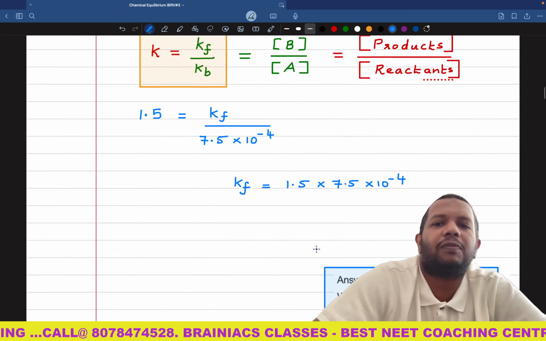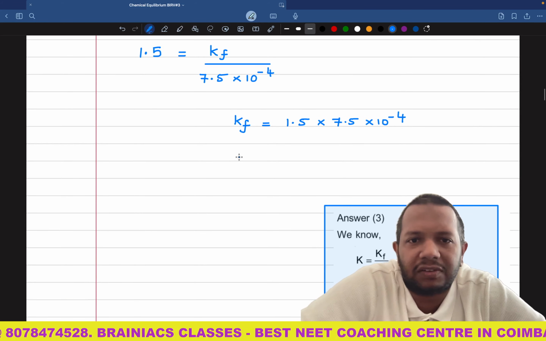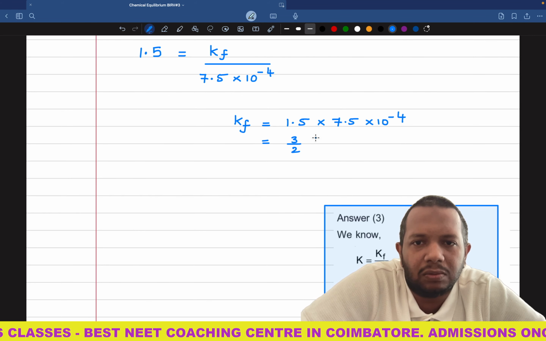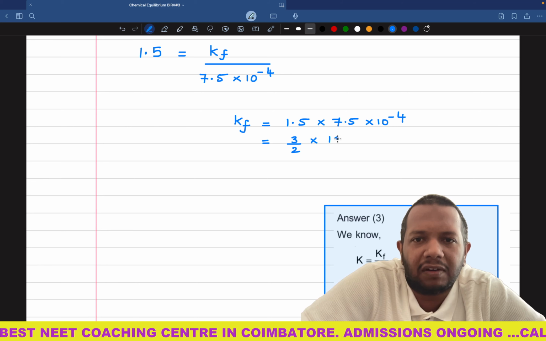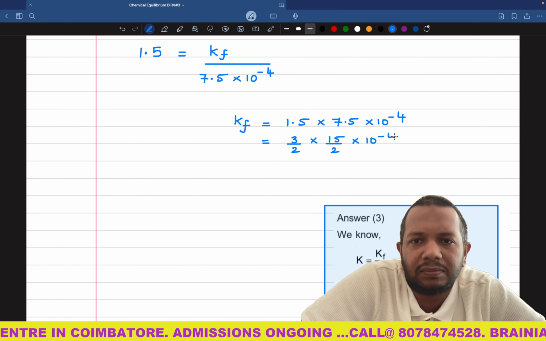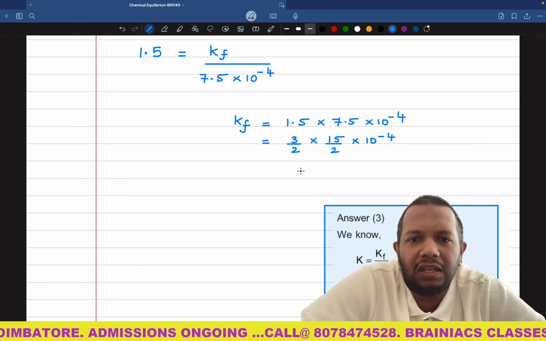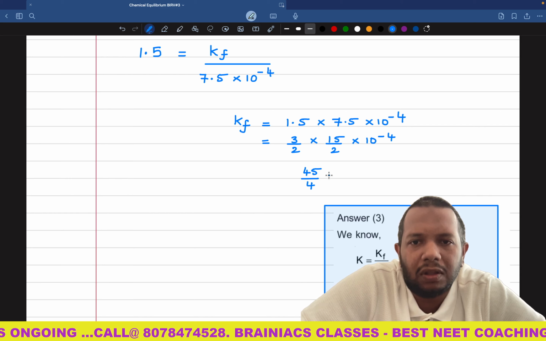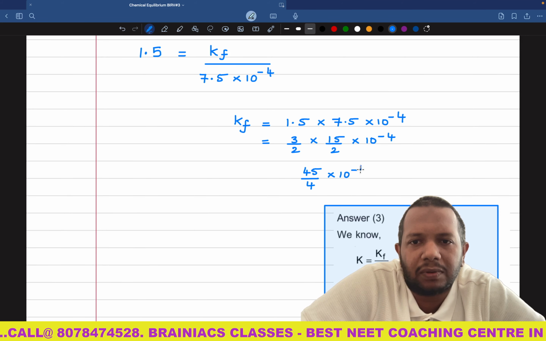It's just a matter of calculation, we will do it. So 1.5 we will write as 3 by 2, and 7.5 we can write as 15 by 2 into 10 power minus 4. So 15 into 3 is 45. 45 divided by 4 into 10 power minus 4.